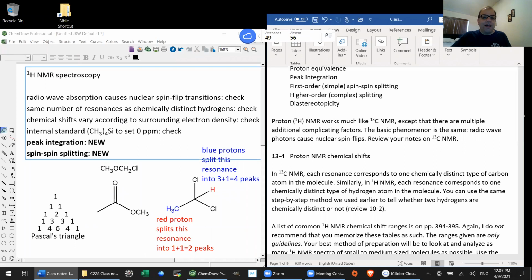But in carbon NMR, we learned that the chemical shift, where the resonance showed up on the chemical shift range, varied depending on, among other things, how much electron density was or was not being withdrawn from that carbon atom by nearby atoms, usually electronegative atoms, oxygen, halogens, things like that.